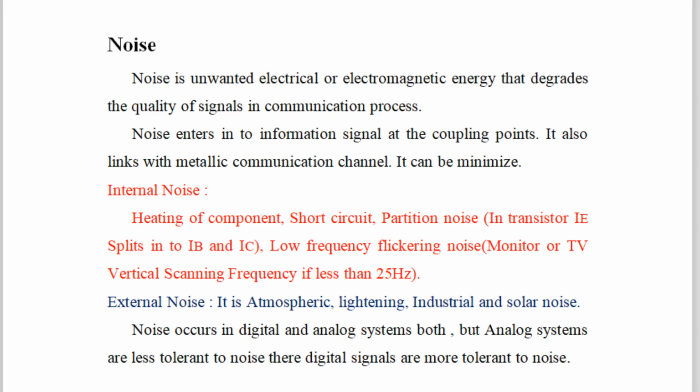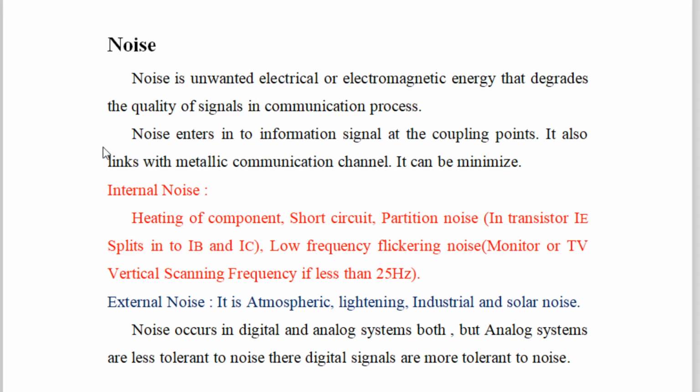Noise enters the information signal at coupling points, wherever there are joints. It also links with the metallic communication channel. Metal is more immune to noise, and noise can be minimized. So in short, noise is unwanted electrical or electromagnetic energy that degrades the quality of our information signal.